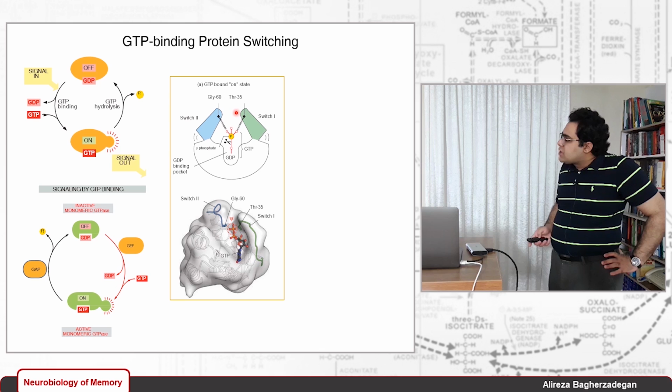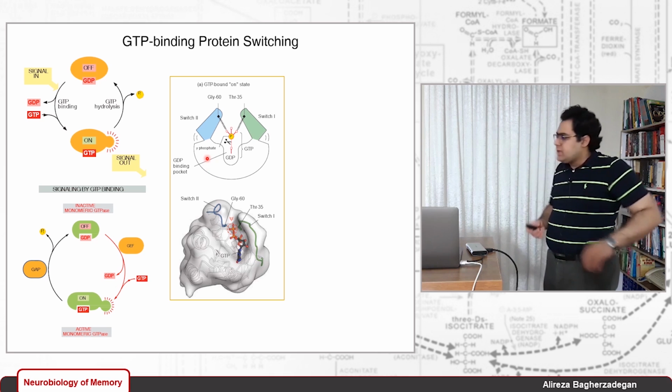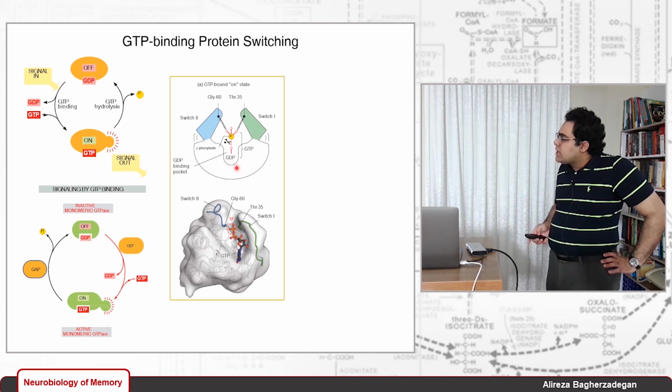Now let's see the structure. Here this is the monomeric G protein. It is one whole unit. It has a guanine nucleotide binding pocket in which the GTP or GDP binds.